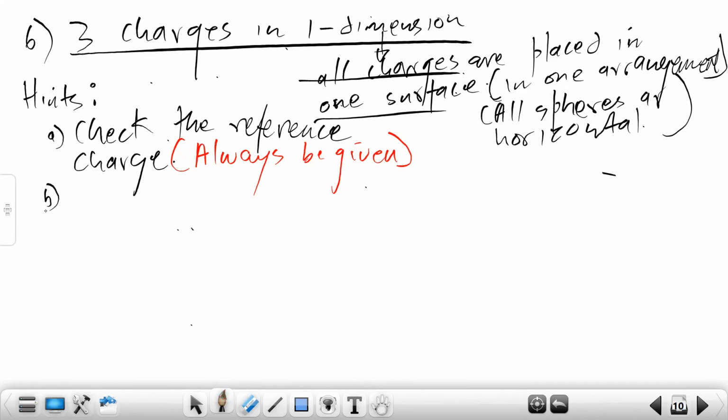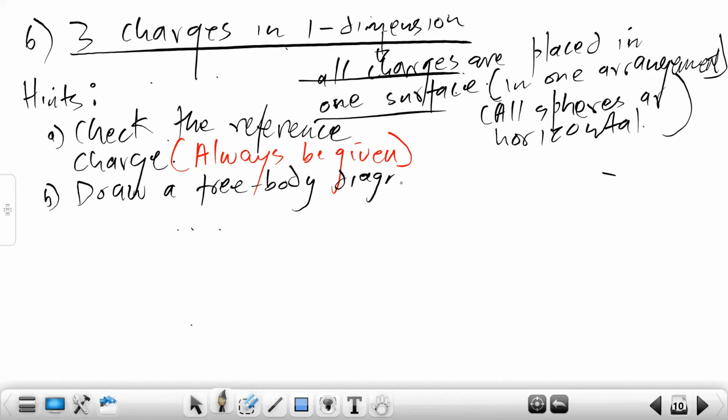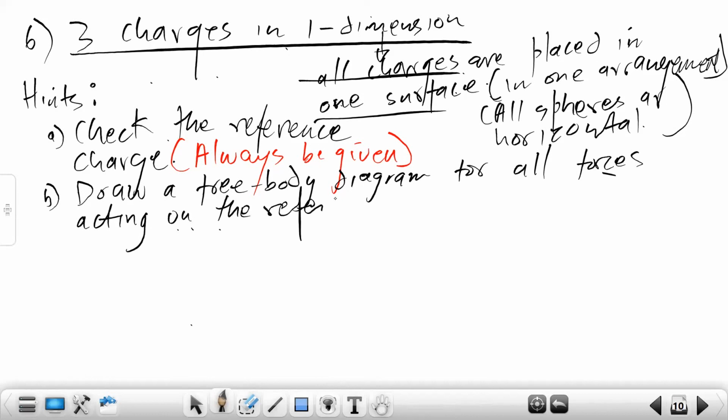Thereafter, at number B, after checking which is the reference charge, draw a free body diagram. A free body diagram for all forces acting on the reference charge.